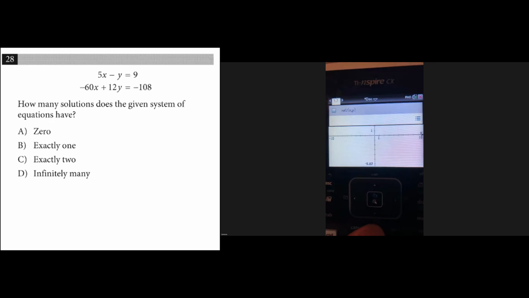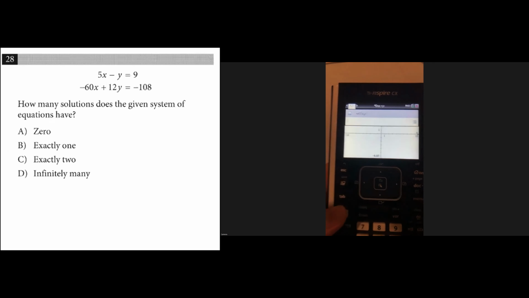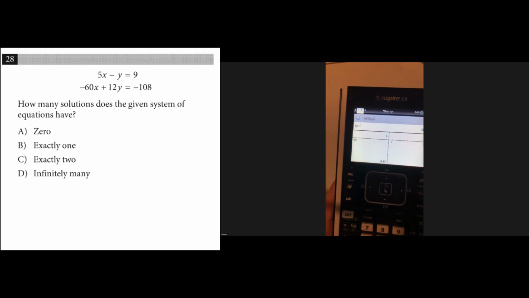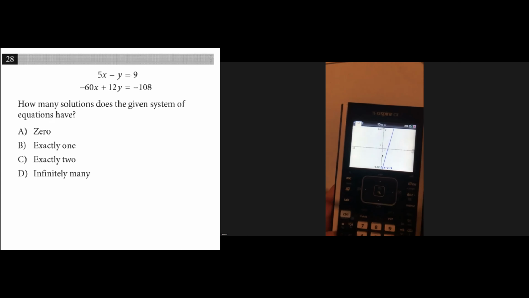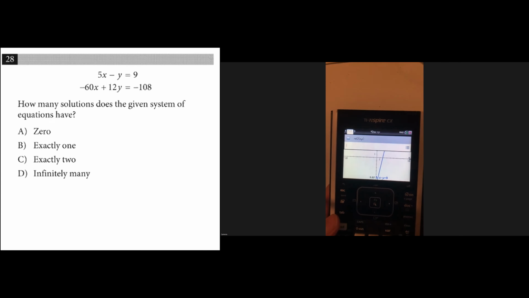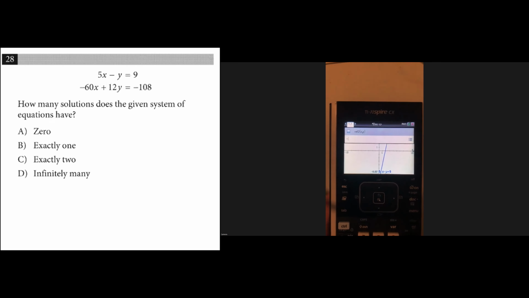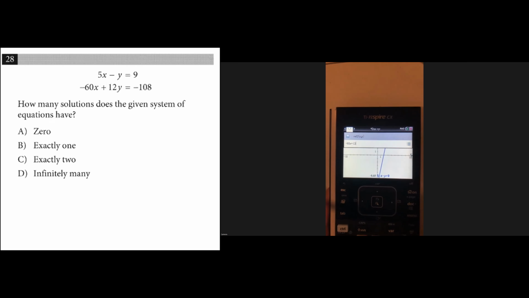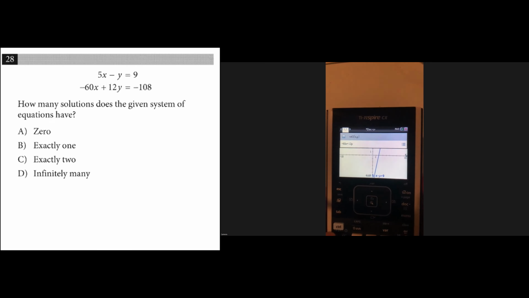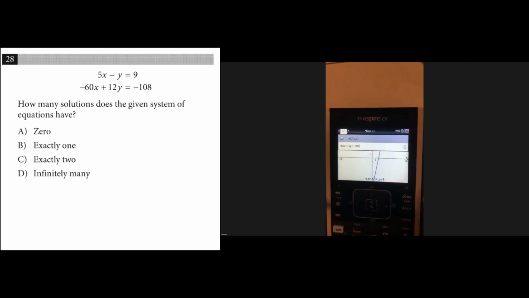Okay, so for this one, the best way to do it is to plug these equations into your calculator. I don't know if you all can see that, but for the first graph, we have 5x minus y equals 9. We get a line. And then we plug in the second equation, negative 60x plus 12y equals negative 108.